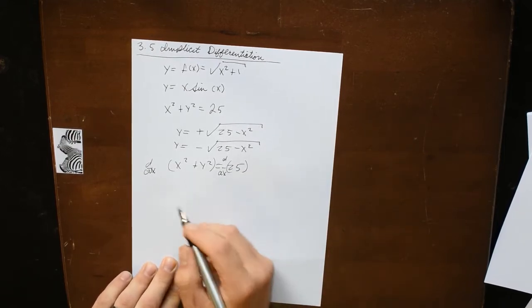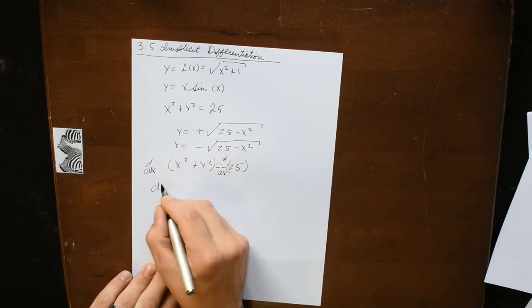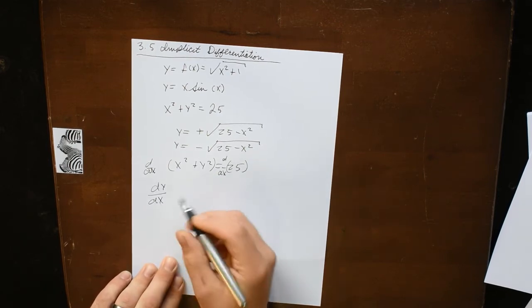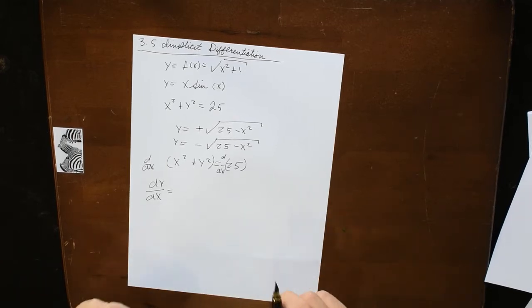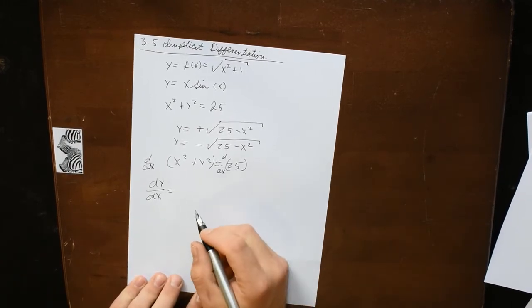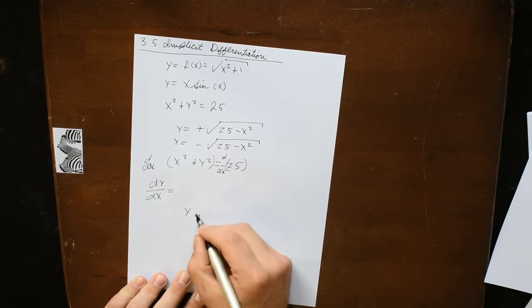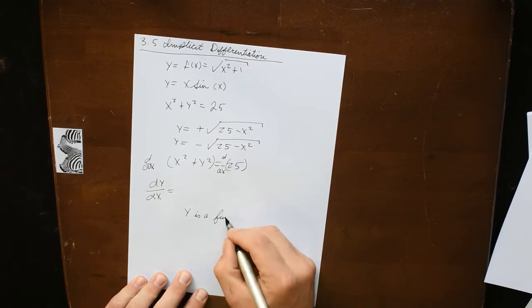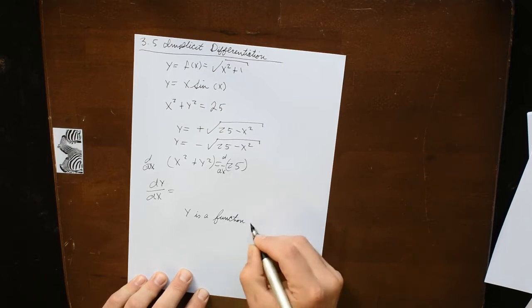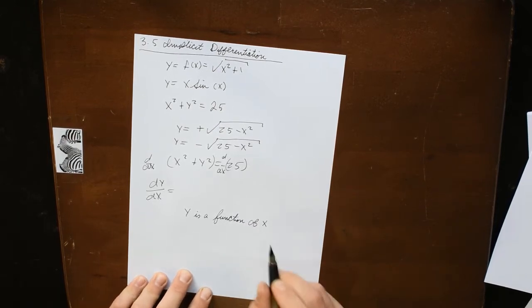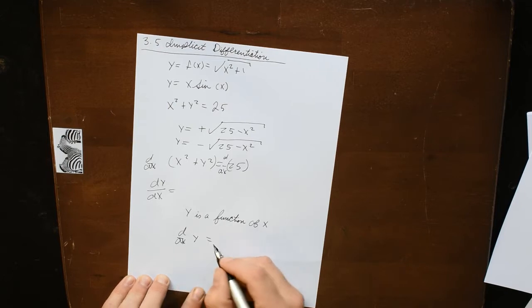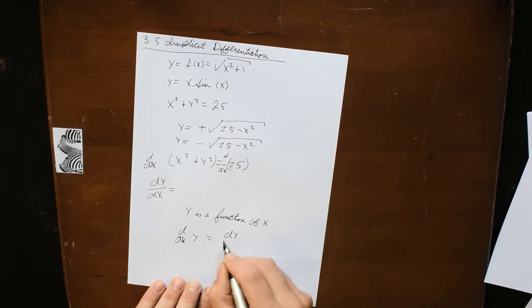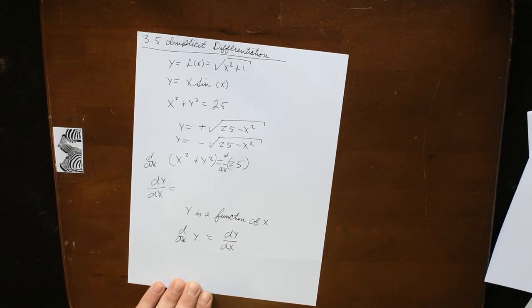And what we want to be able to do is come out with some statement about the change in y with regards to x. The thing to remember here for this entire section is that y is a function of x. It is not a constant. So that means the derivative with regards to x of y is equal to the derivative of y with regards to x.